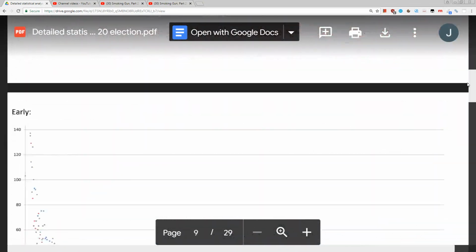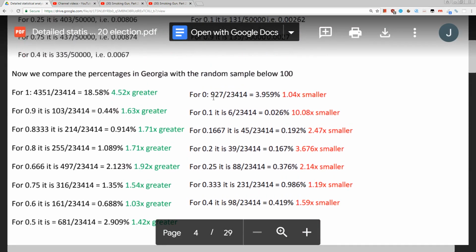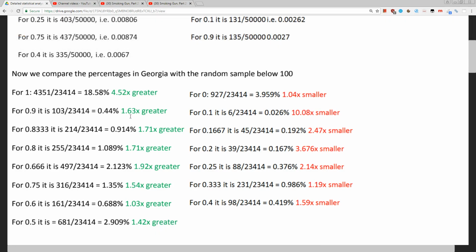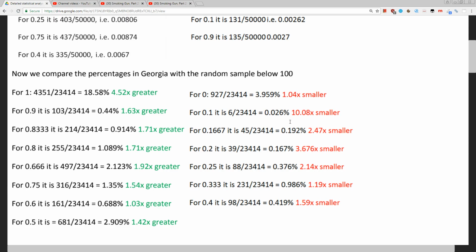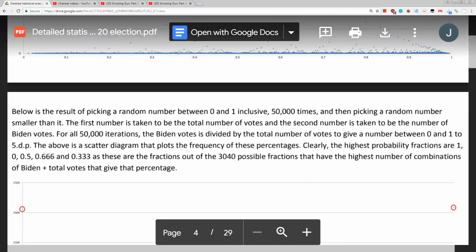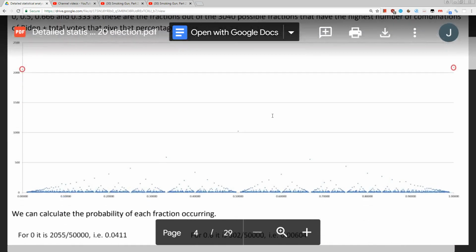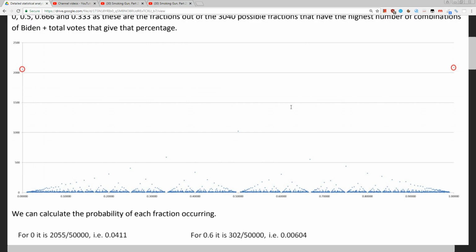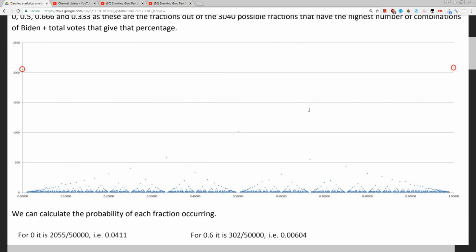And basically Biden wins every single one of these perfect ratios. So these common ratios, if you conduct a random number generation below 100, and if you consider that each batch size is somewhere below 10,000 in reality, so it generates 100 random numbers, and then it generates a number out of that number.